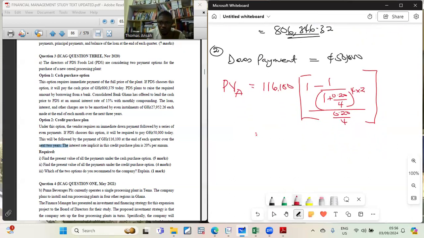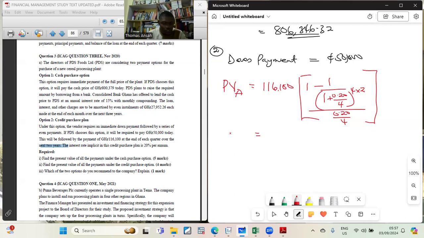So let's work it out. I'm having 0.2 divided by 4 plus 1 raised to the power 8. Then 1 divided by answer. Then 1 minus answer. Then divided by 0.2 over 4. So I have 6.463 something. Then I multiply by 116,100.